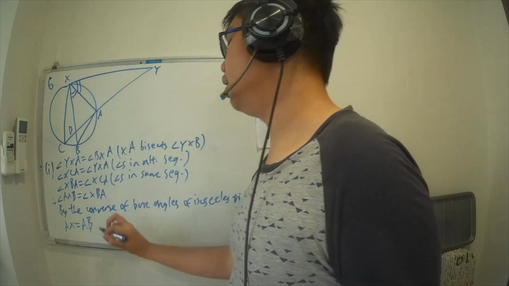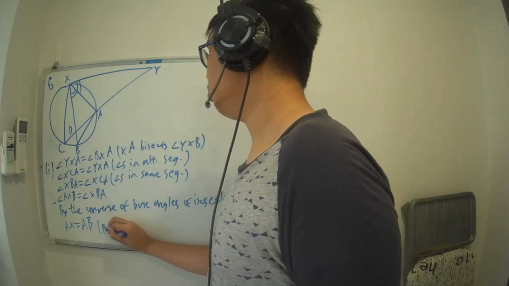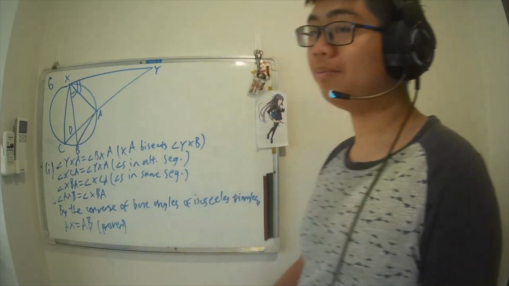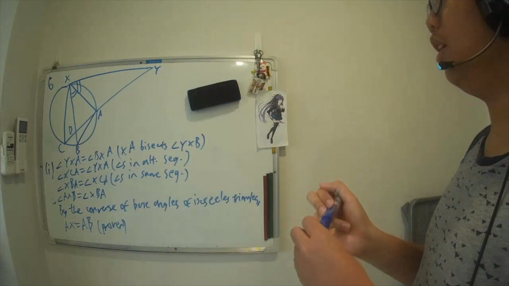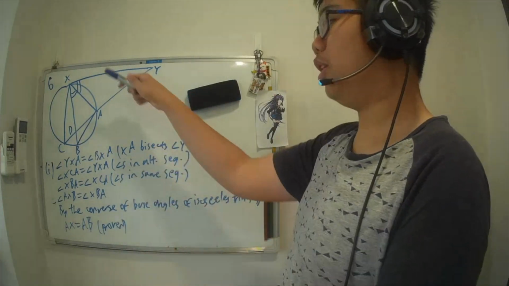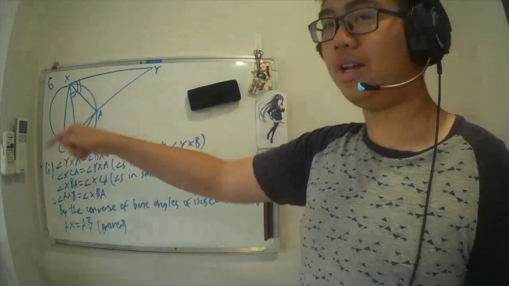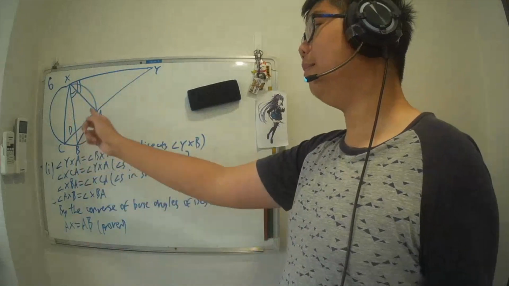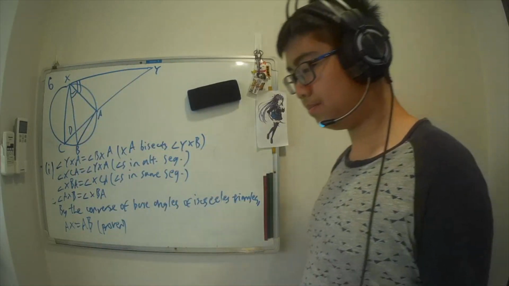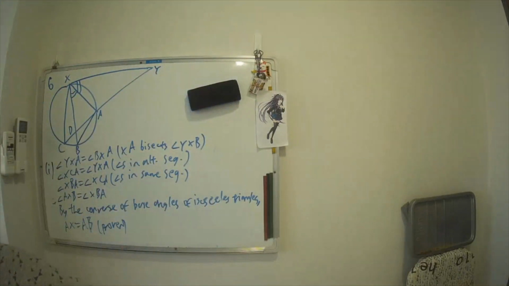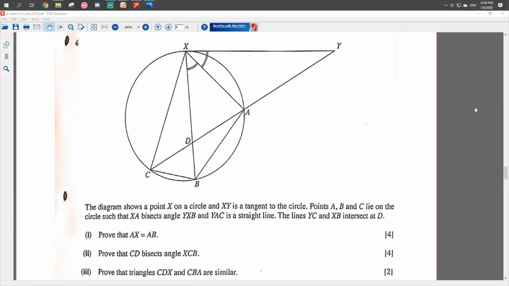And this is proven. So this is our proof for the fact that AX is equal to AB, because they form an isosceles triangle, and we know that because of the base angles of isosceles triangles. I will clean that up because I need space to do the second part.